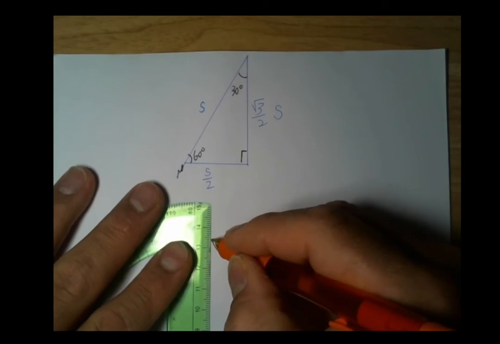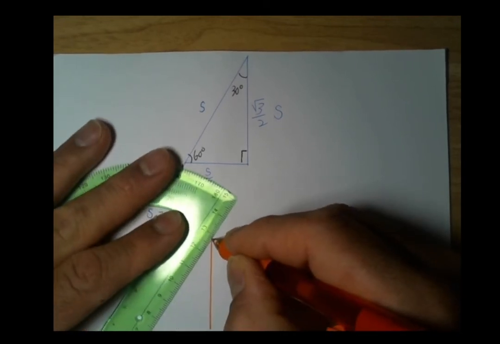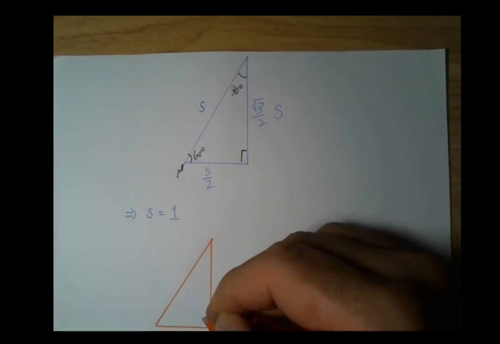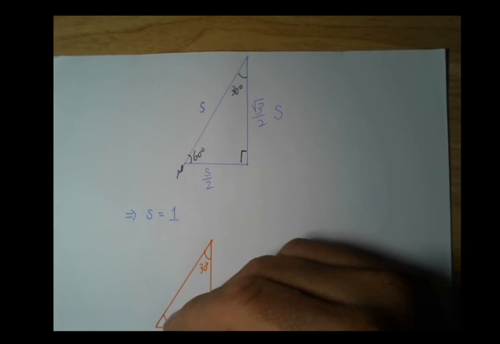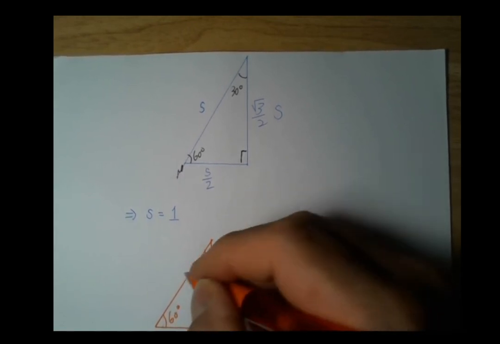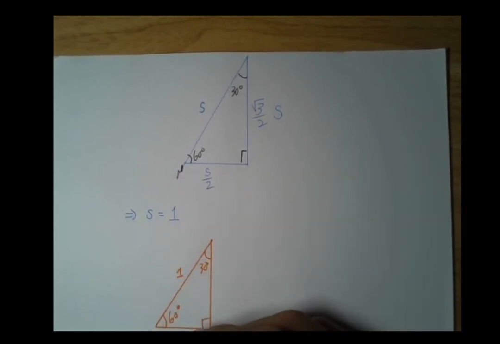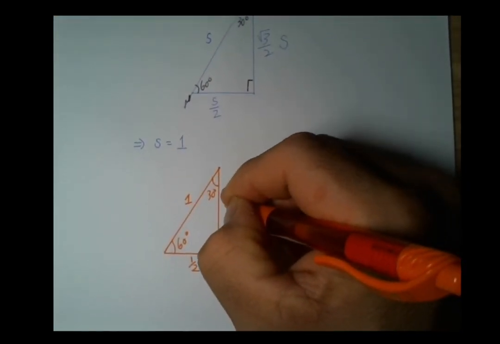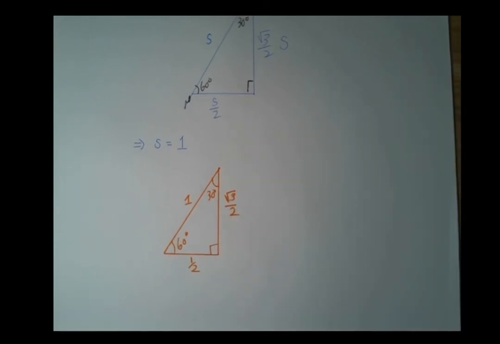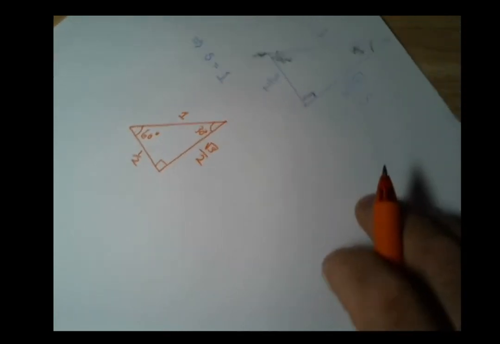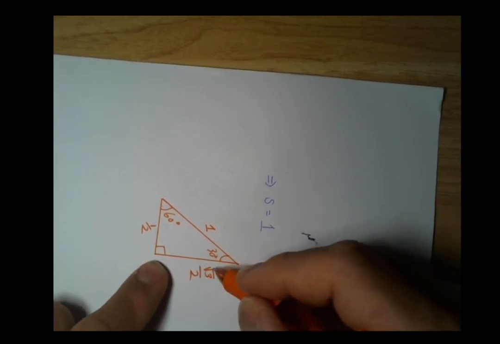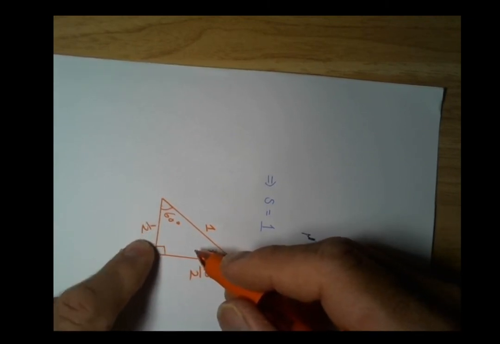When S is equal to 1, we have our 30, 60, 90 triangle where this is 1, this leg is 1/2, and this leg here is root 3 over 2. Again, we can orient it in this direction, where this is 30 degrees, so then this leg is root 3 over 2, and that opposite leg is 1/2.